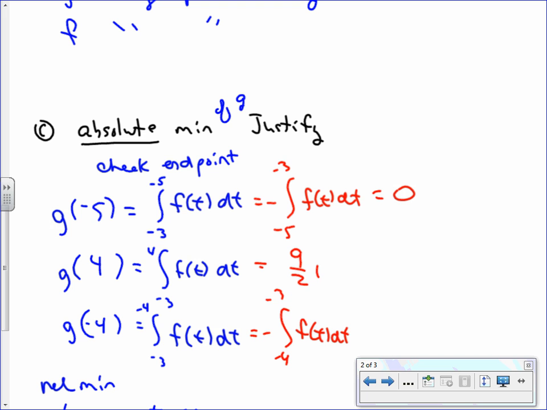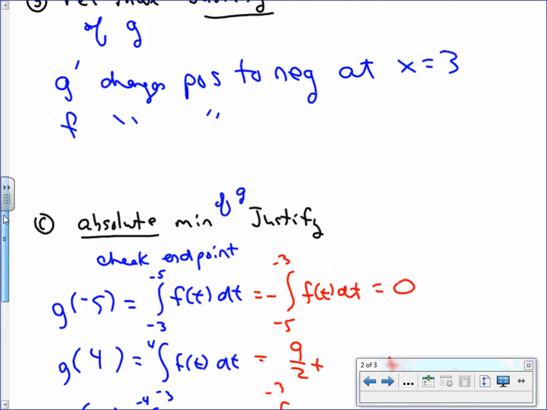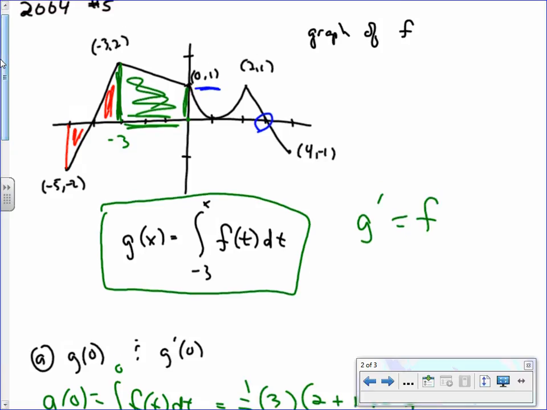And then I've got to add 2 more pieces to that. Alright, I'm going to go over to this end here. You see these two triangles? Are they the same size? Yes, one's positive, one's negative, so that's going to be 0 again.